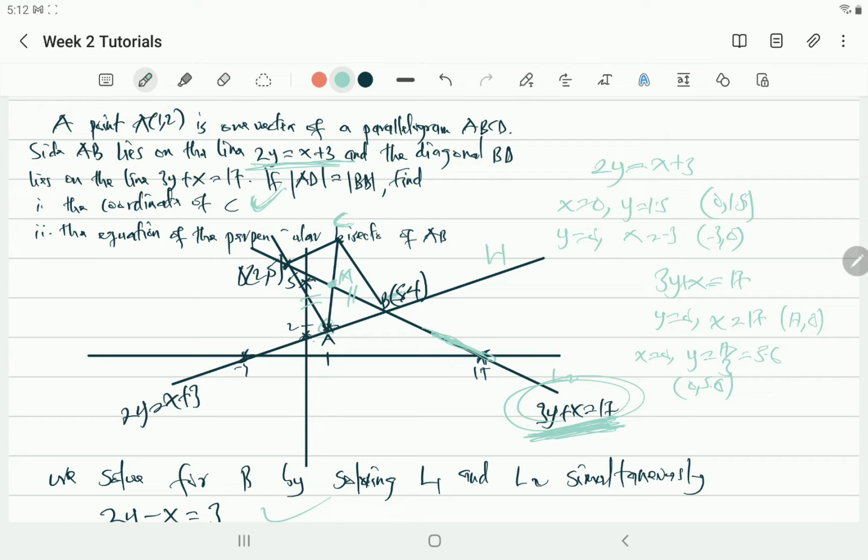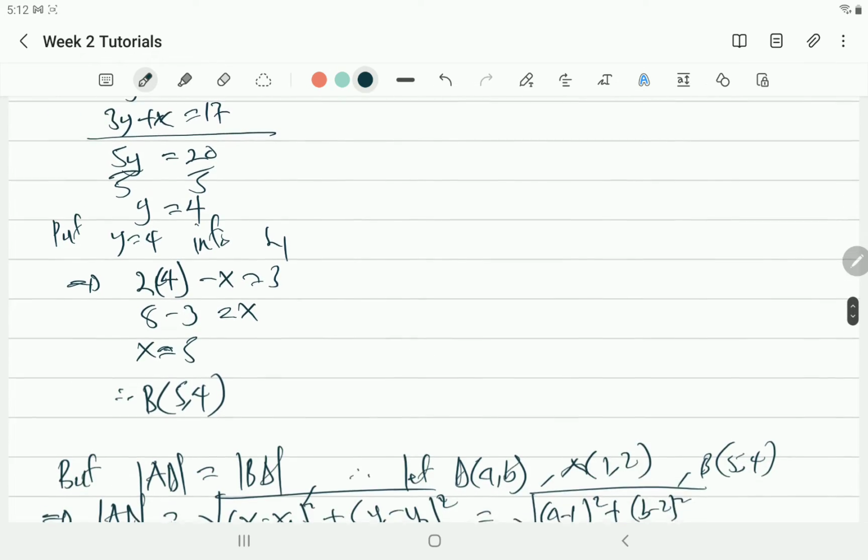Fortunately, the midpoint of BD is the same as the midpoint of AC. Remember that we already know A to be 1, 2. So once we solve the midpoint of BD, which is the midpoint of AC, we can use it to help us find the C. Then we are done, because we have A and we will have M. So together with A and M, we solve for C using the same midpoint idea. So let's go and find M, which is the midpoint of BD.